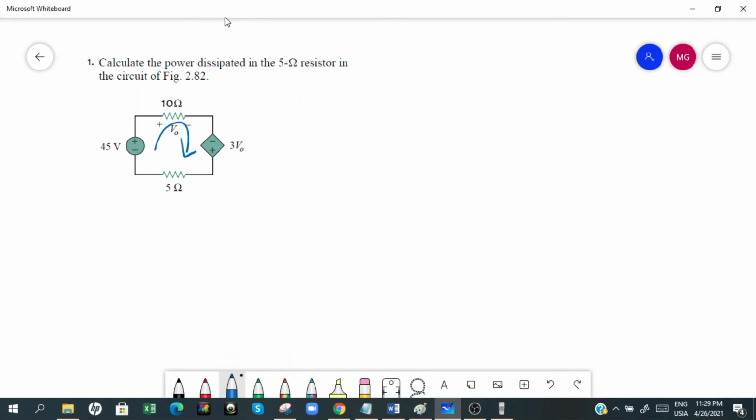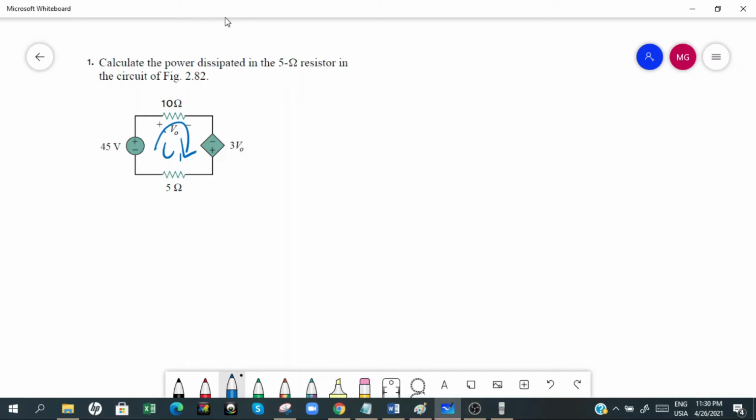So we have here the loop is going that way, so we have I1 going also clockwise. We call the current now I1. Now here, in the source, we always come from the lower potential to the higher potential. Then at the resistors, we go from the higher potential to the lower potential.